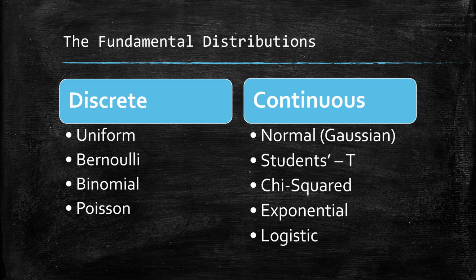A Bernoulli is a single trial event where you have either a positive outcome or a negative outcome, pass or fail. A binomial is just multiple Bernoullis put together, and you just have multiple outcomes of pass or fail, pass or fail. Poisson has to do with the possibility of things through time.